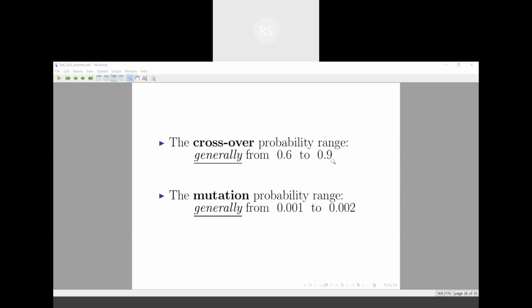Okay. Now, let me talk about mutation. This is another concept from genetics which has been imported into genetic algorithms. Now, assume that there is a bear from Africa.